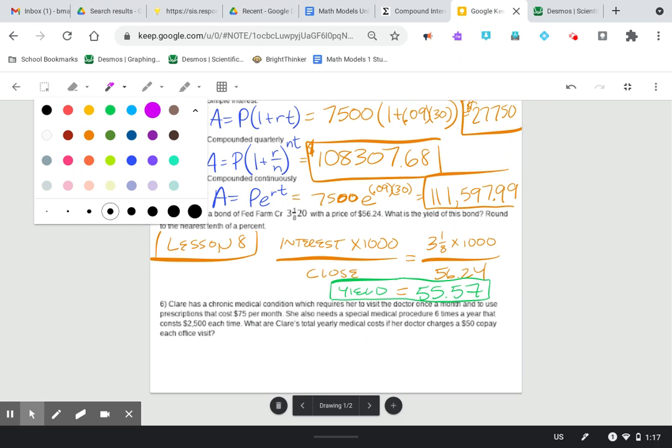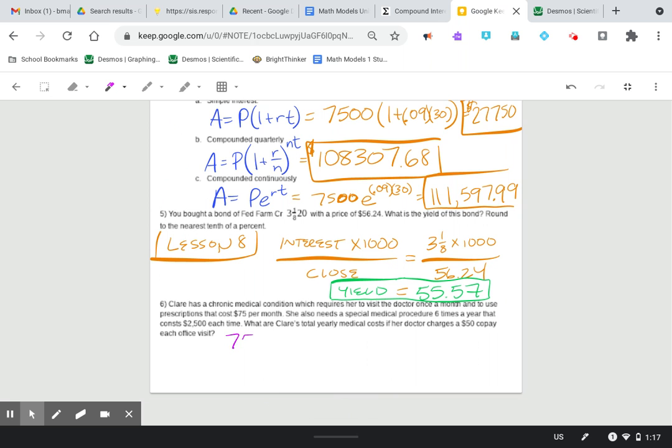All right, let's go through this. We have $75 per month for the meds. To go to the doctor, she has to go $50 12 times. She has the procedure, which cost her $2,500 6 times.